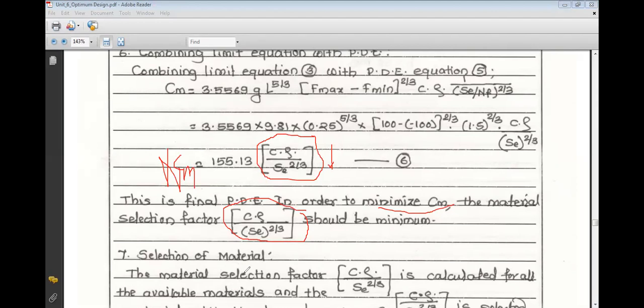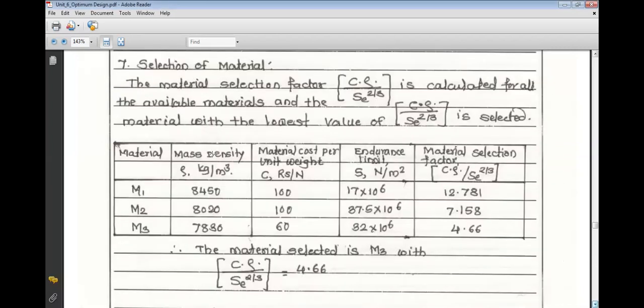So we have to calculate this factor for all available materials. There are 3 materials available, M1, M2 and M3, and we have to determine the material selection factor, C rho upon Sc raised to 2 by 3.